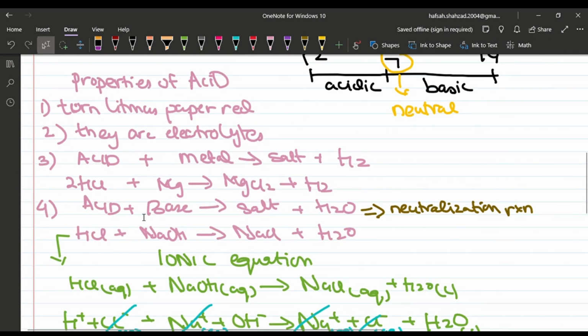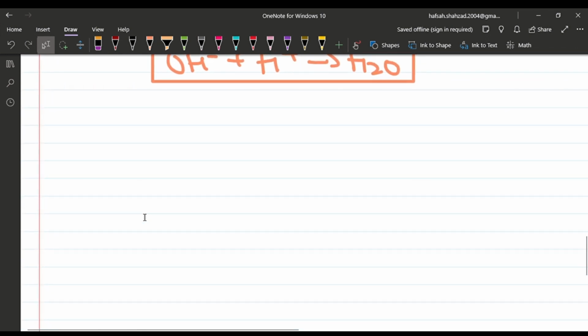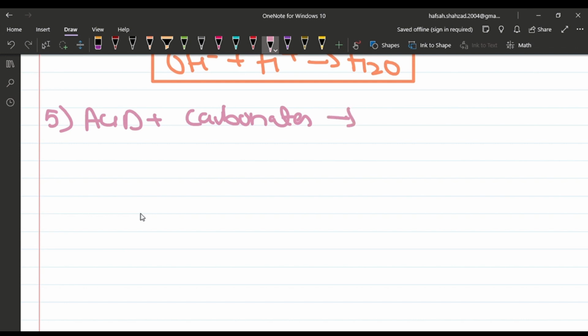Fifth property of acid is reaction of acid with carbonates. Acid plus carbonate gives salt plus carbon dioxide plus water. Like for instance, we have HCl.